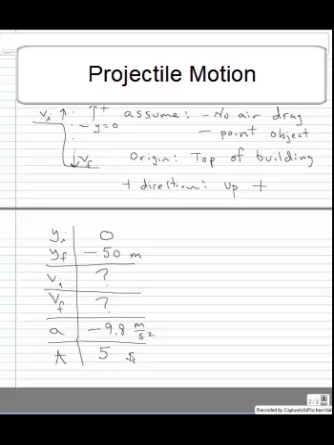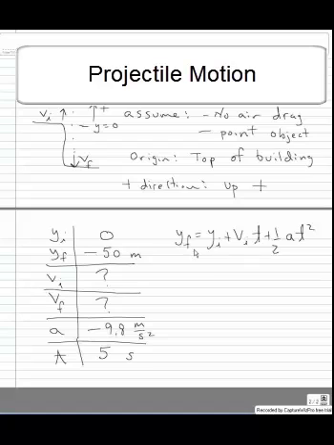So to find V initial, we're going to look at our kinematics equations, and we'll pick the equation that's missing the information that we're missing. So we're missing V final. So we'll pick an equation that's missing V final. How about this equation? Y final equals Y initial plus V initial t plus 1/2 a t squared.